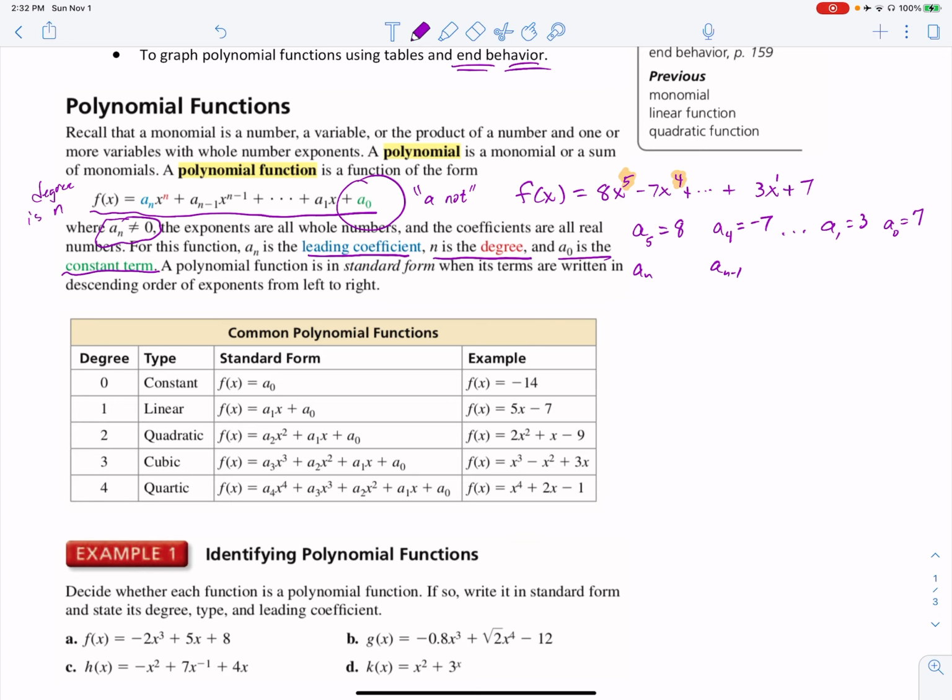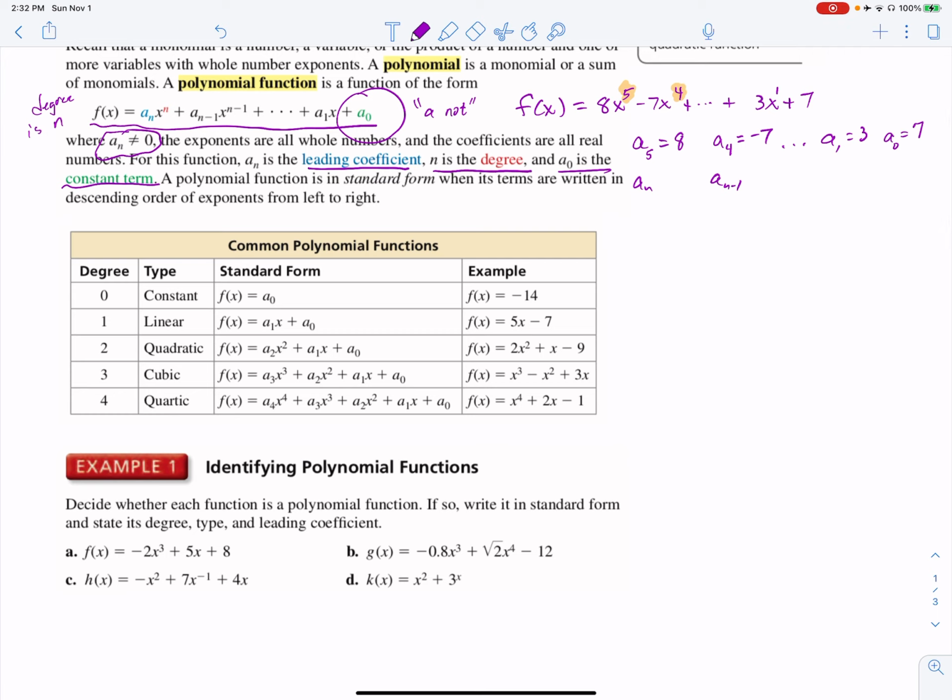So we have a few different polynomials. We have constant, linear, quadratic we've been working with. And here notice they use the a sub 2, a sub 1, and a naught just to parallel that general form of a polynomial. Cubic is of degree 3, quartic is of degree 4. So those terms, constant, linear, quadratic, cubic, and quartic, you want to be familiar with.